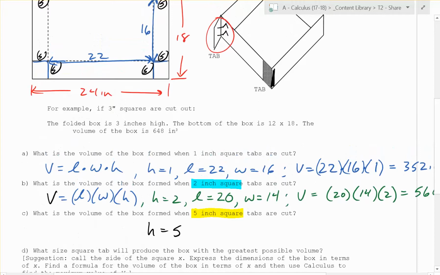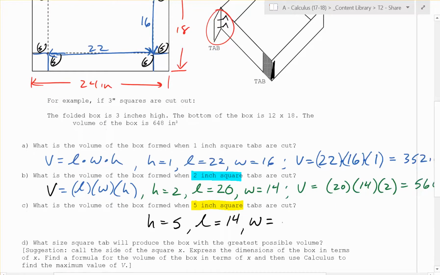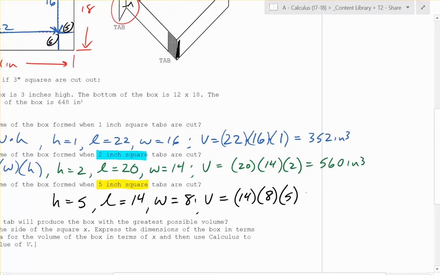What's the length going to be? 5 is cut out of each side of 24, so the length would be 14, and the width, you cut out 5 from each side of 18, it's going to be 8. So in this case, the volume is going to be length 14 times width 8 times the height of 5. What do you end up with here? You end up with 560 inches cubed again, which is really interesting.